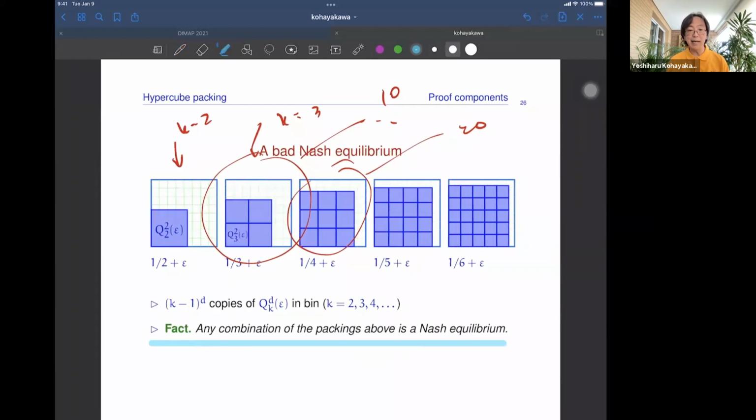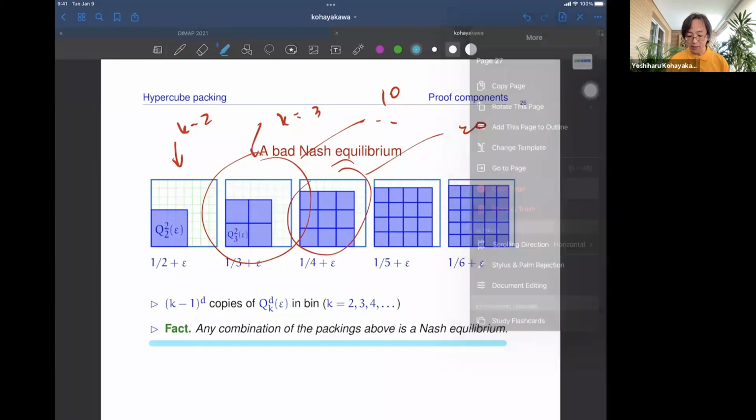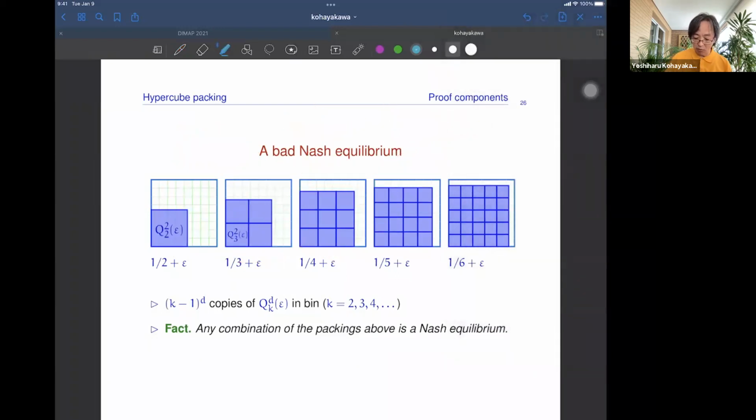I can combine any number of these individual homogeneous packings in any way, and I will always have a Nash equilibrium. What does that mean? That means that no cube here, or no square or no cube, I'm not sure, so this guy here has no incentive to move to the left. This is a small calculation, right?